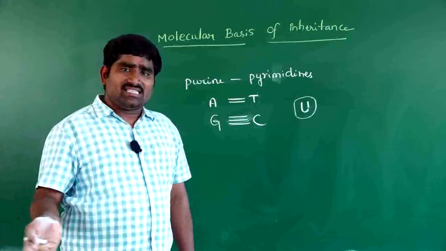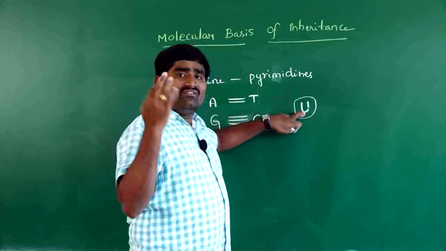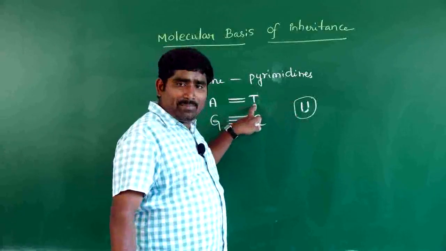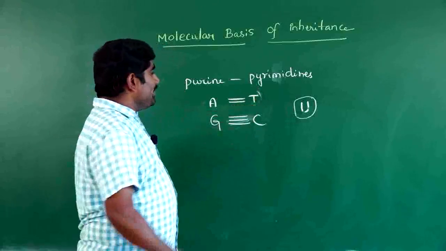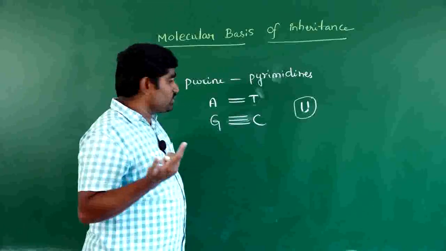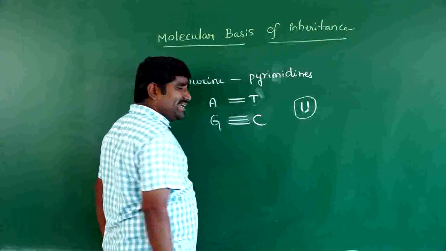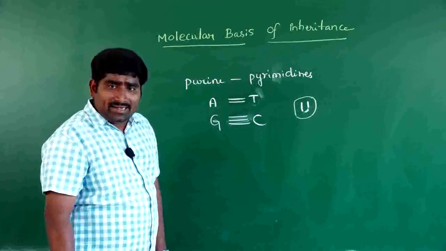In the later stages of evolution, what happened? Uracil, being a much less stable pyrimidine, was replaced by thymine in DNA. So in DNA, thymine is present, and it gives somewhat more stability. And cytosine is commonly present in both DNA and RNA.